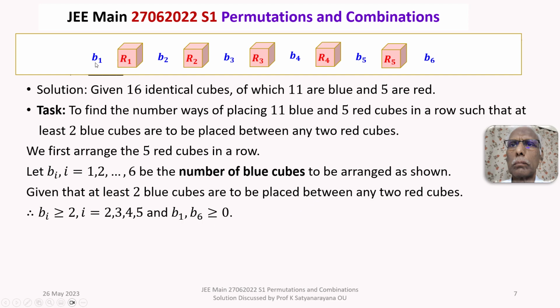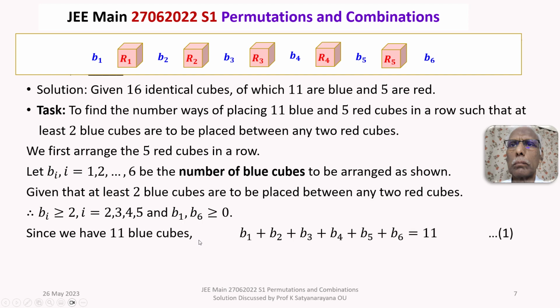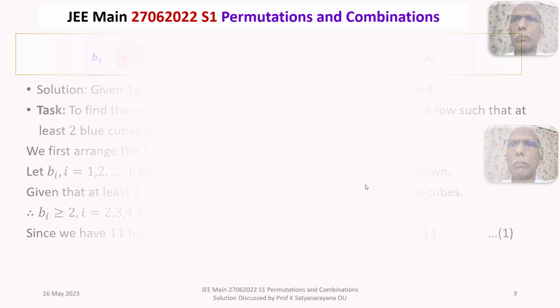Now, how many blue cubes do we have? We have 11 blue cubes. Therefore, B1 plus B2 plus B3 plus B4 plus B5 plus B6 is equal to 11. Let's call this equation 1. We continue in the next slide.